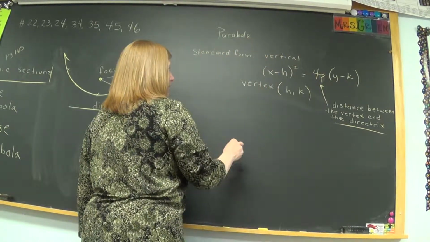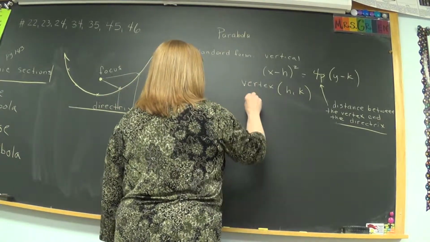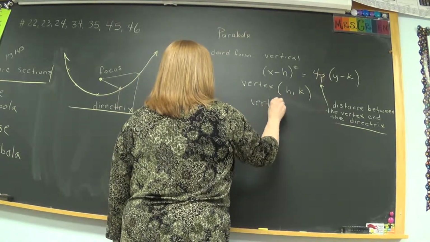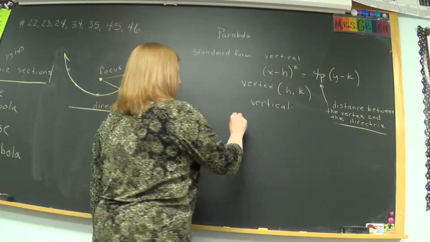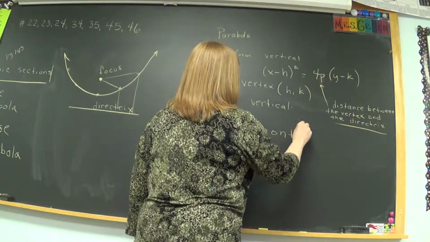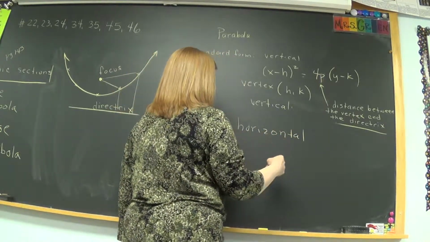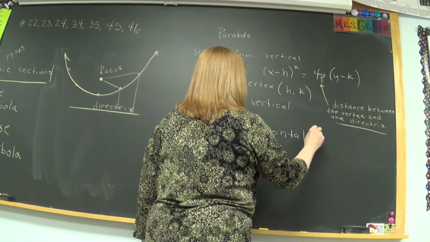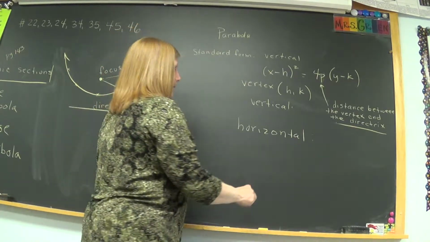All right, and so this one was the vertical. I'm just going to give you the tools and then we'll pull them out and use them. And the horizontal, we didn't even cover horizontal parabolas way back on page 63. The horizontal ones, here's the equation, is a little bit different but similar.